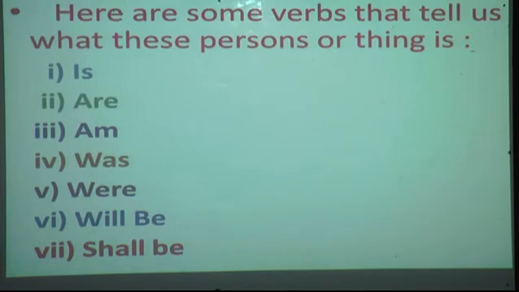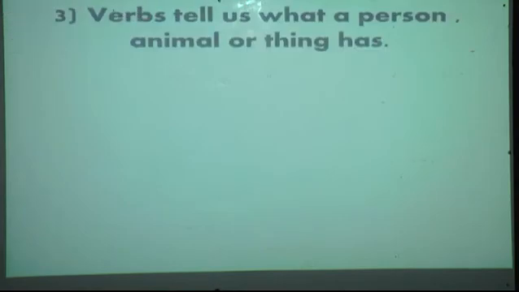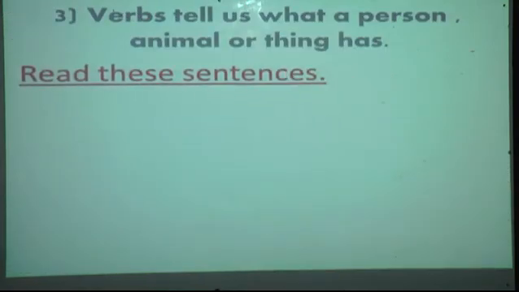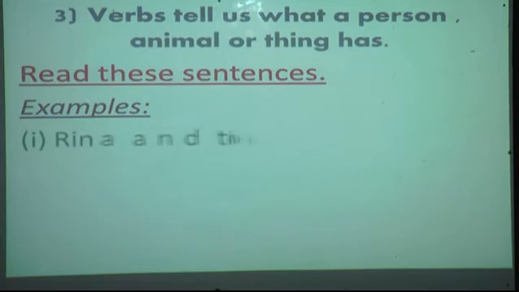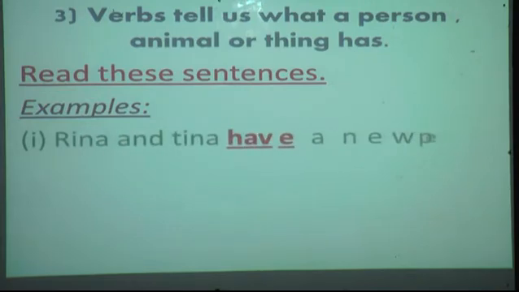Now the third thing we are going to see is what a verb tells us a person, animal or thing has. So now you have to read these sentences. Reena and Tina have a new pet.